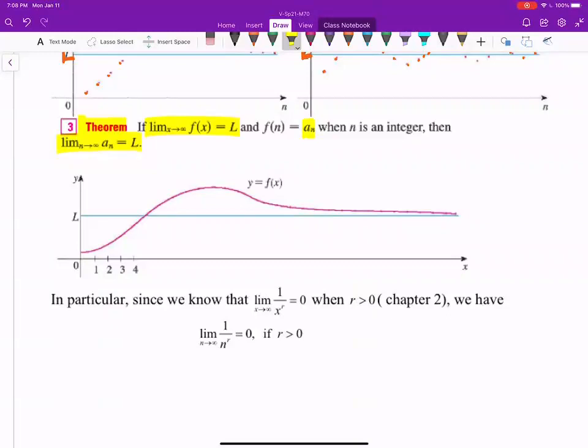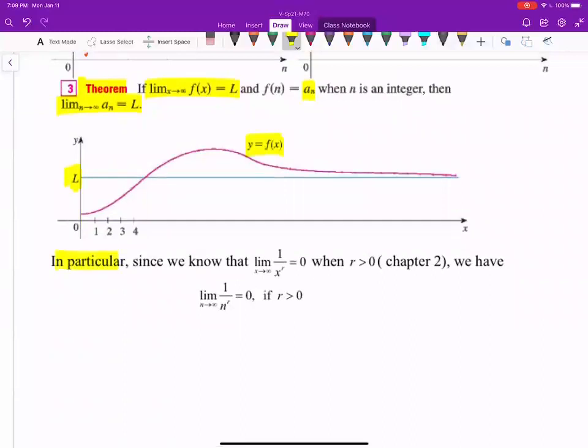In this picture, you notice that the function f(x) approaches the limit L as x approaches infinity. Then if you plug in x equal to n and it gives you the nth term of the sequence, you can also say the sequence is approaching the same limit.